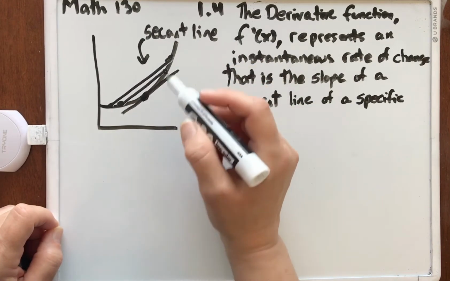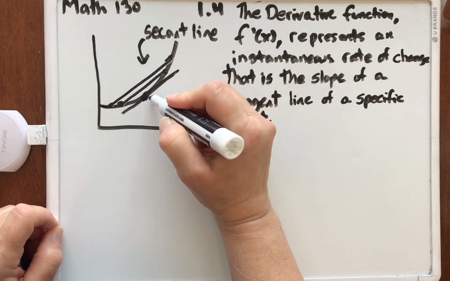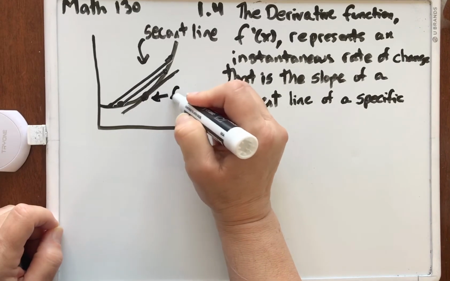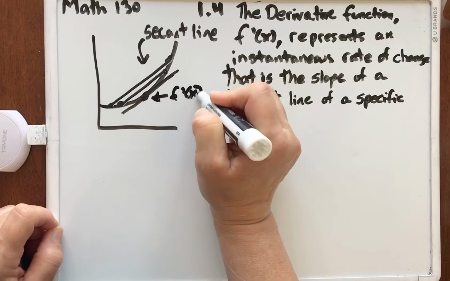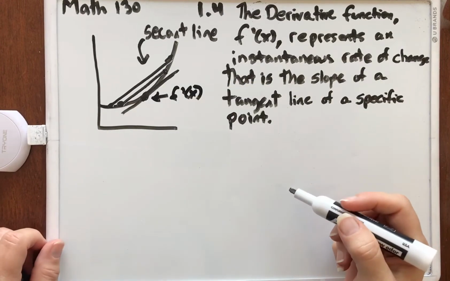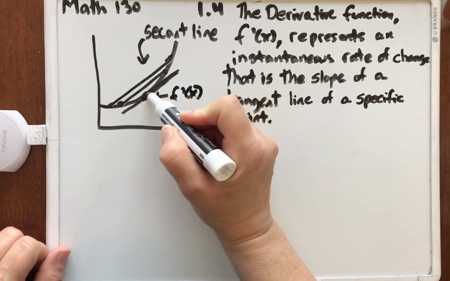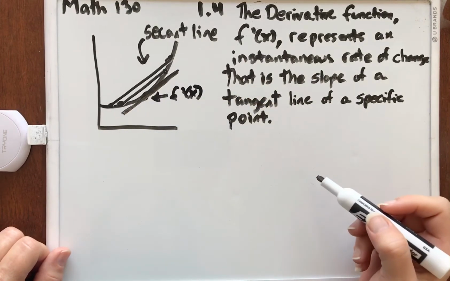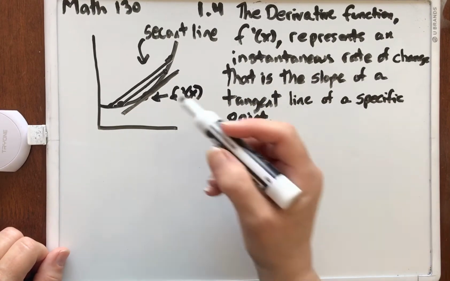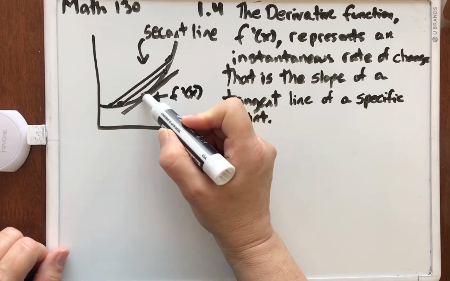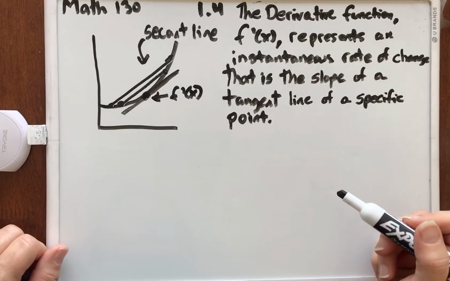This is a tangent line, and at this point right here, f prime of x is the slope of that tangent line. A tangent line just touches the graph at one point.